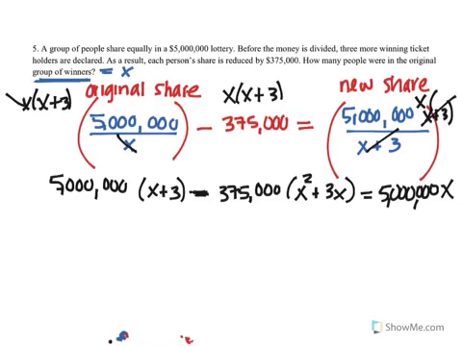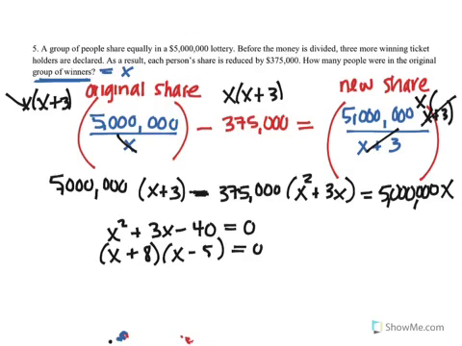When we simplify this equation, we end up with X squared plus 3X minus 40 equals 0. This can be factored into X plus 8, X minus 5, and we get X equals negative 8 and X equals 5.